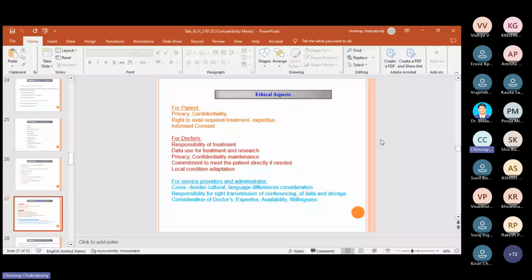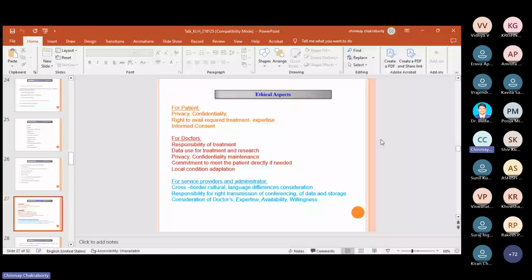But we are acquiring data from many different people, and different people mean different languages. That's why there is a multilinguistic scenario here. But this is also a cost-effective solution. You have to convert 10 or 20 local languages to English, if you say. So that's the cross-border cultural or language difference consideration.